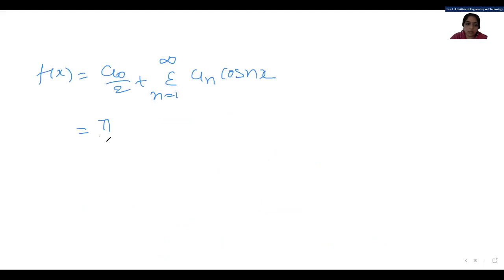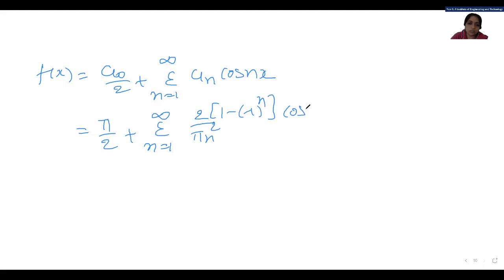So this is pi by 2 plus summation n 1 to infinity, 2 upon pi n square, 1 minus 1 raised to n, cos nx. So this is the Fourier series for the given discontinuous function in the interval minus pi to pi.